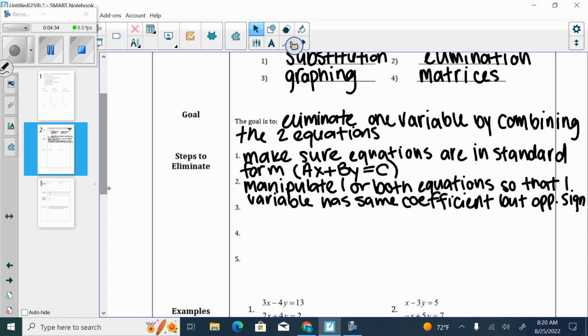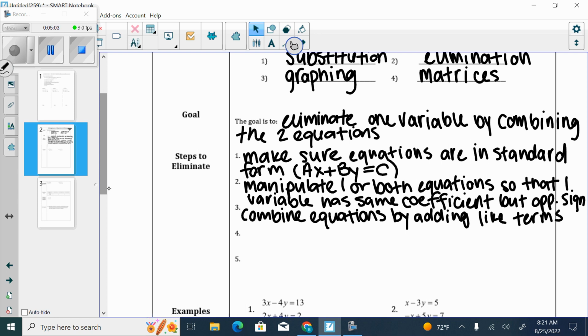All right. So once you have those opposite signs, you then combine your equations by adding like terms. And if you did it right, one of your variables should cancel out at this point, right?